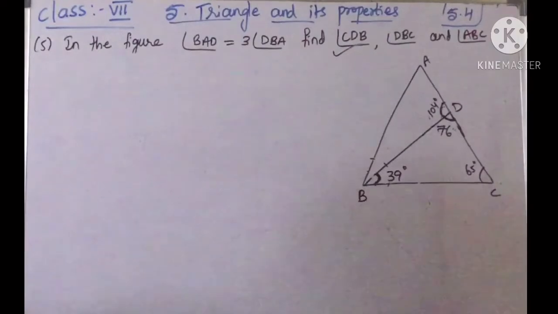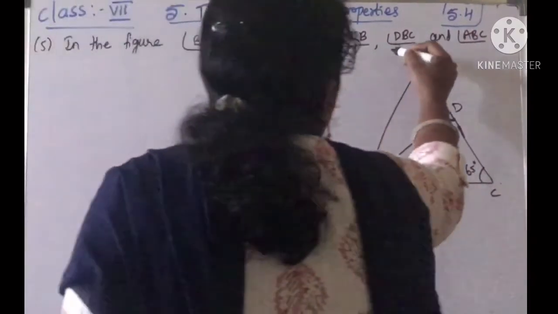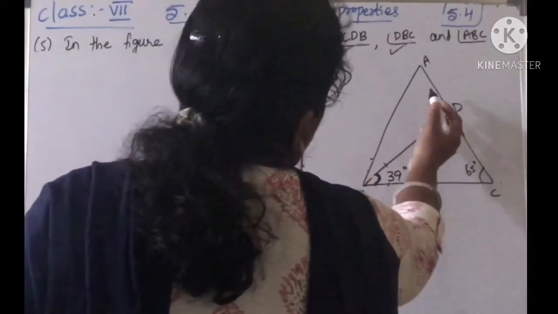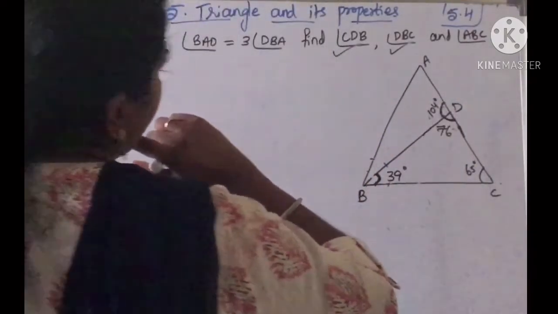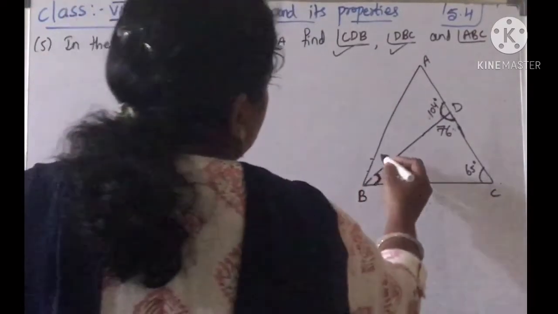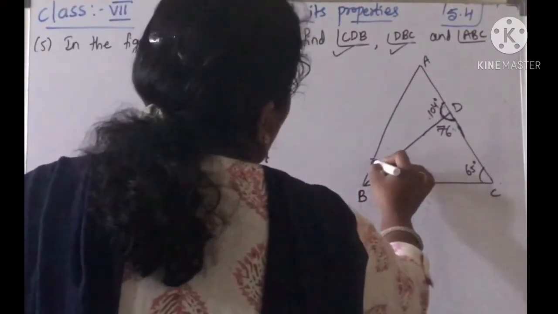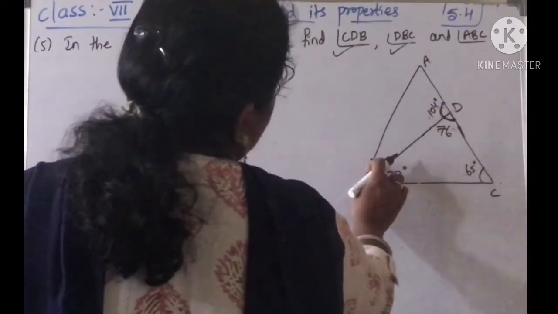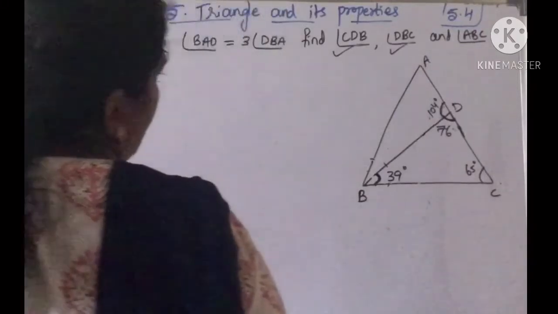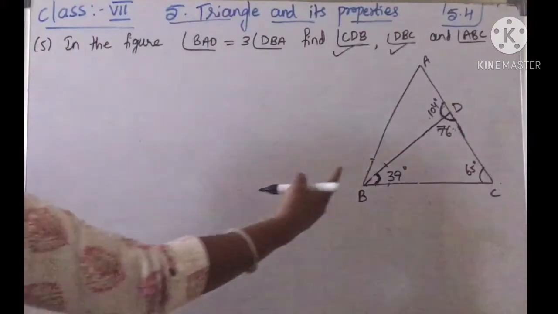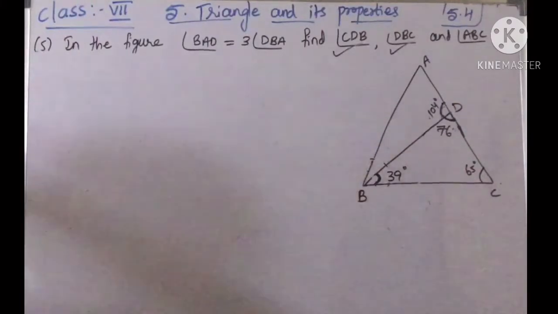Next, here we got DBC, this one also. Now we need to find ABC. To find angle ABC, here we need to know this value, right children? But to take the angle sum property for ABD also, we don't know this value and this value. So first we are going to find that by taking angle sum property in triangle ABD.